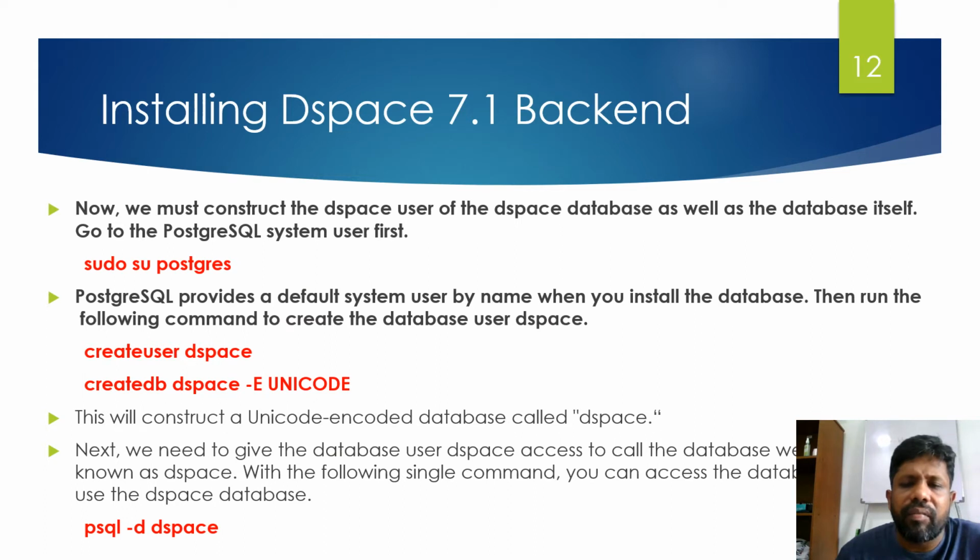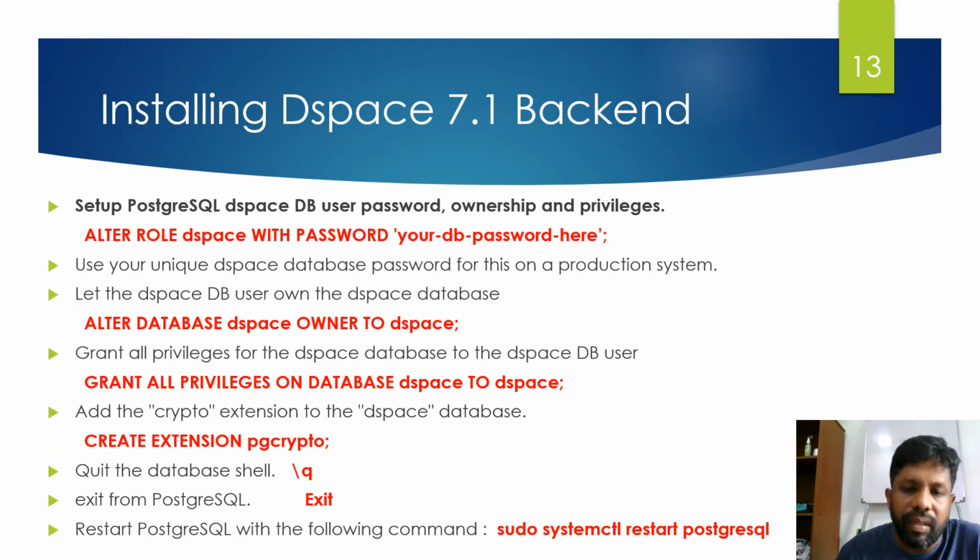After that, when you install Postgres, it automatically creates the postgres username. You can switch to that username and create the database user, and then the database with Unicode enabled. Then you can move to that database user account and give a password for the database.